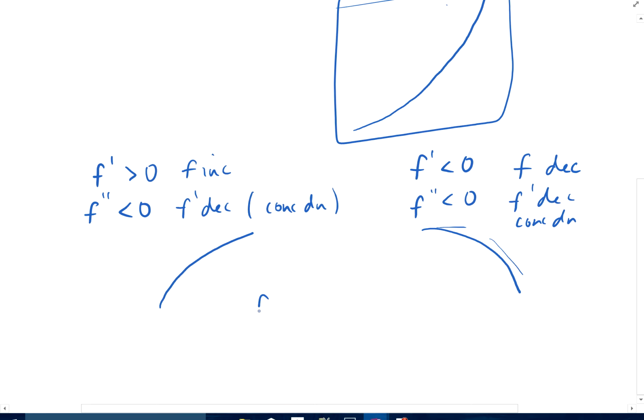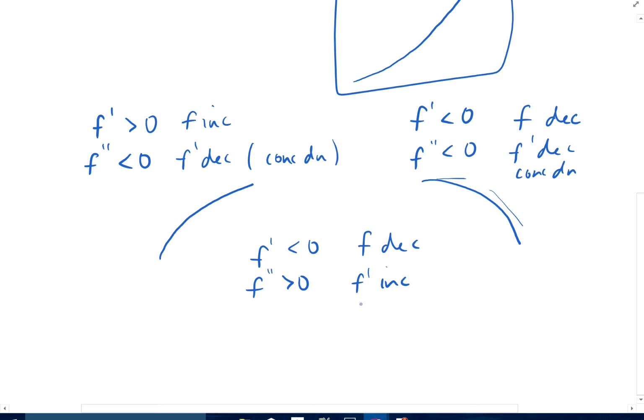In the last case, f prime is negative and f double prime is positive. So f is decreasing and f prime is increasing, so it's concave up. How could a function be going down but the derivative getting larger? Well, what about something like this? f is decreasing from left to right, but f prime is a big negative number, then a smaller negative number, then smaller still.